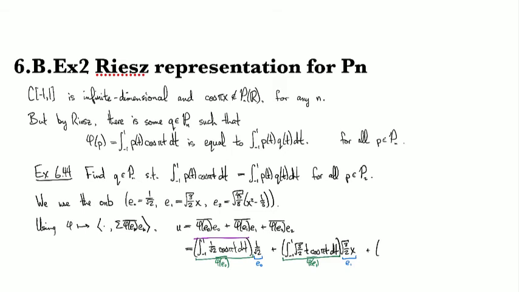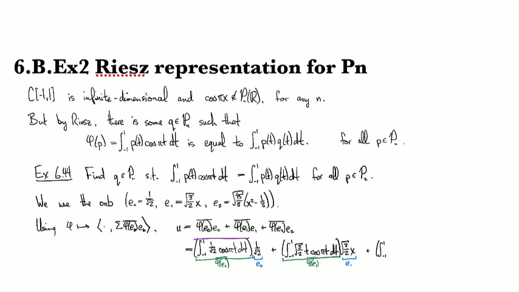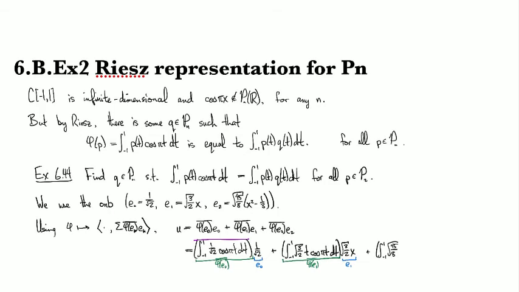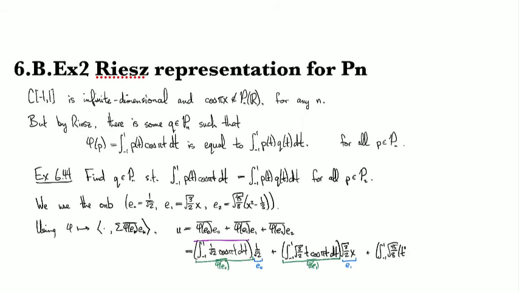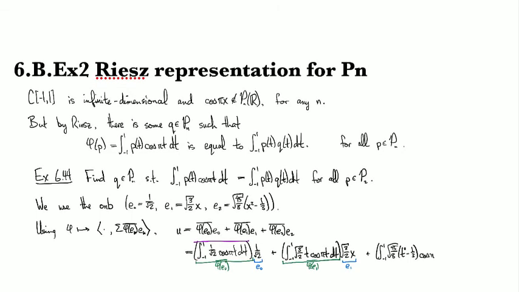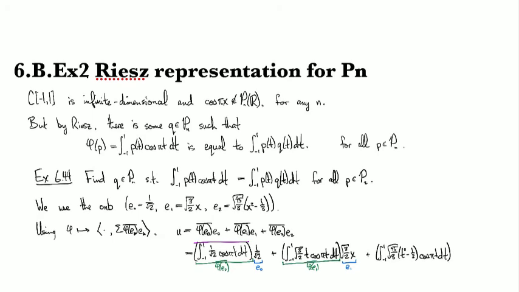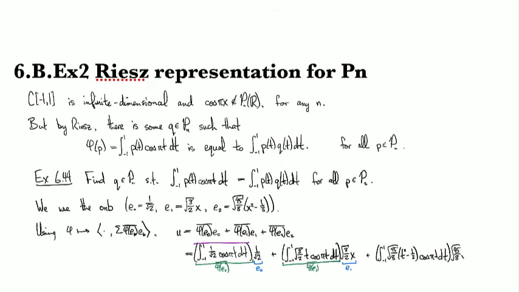And then lastly, we've got the integral from -1 to 1 of that ugly guy, square root 45 over 8 times t squared minus a third, cosine pi t dt, and then square root 45 over 8 times x.